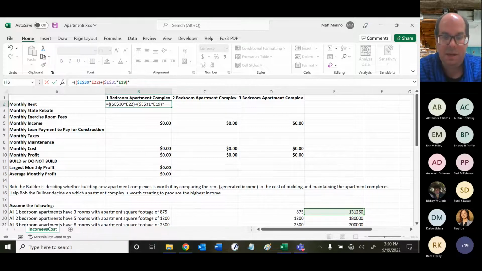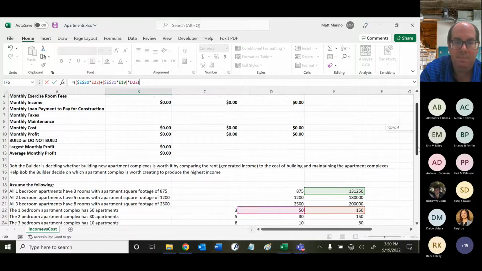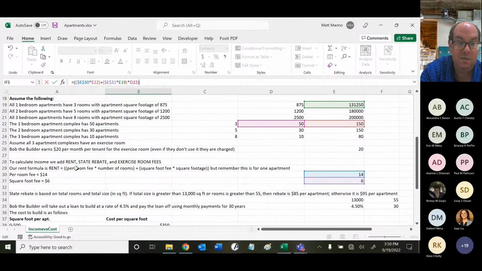And then multiply that by D22 and close parentheses. And again, it's based on this formula below here in A29 that's listed. And then the D22 represents the number of apartments for the one-bedroom complex.